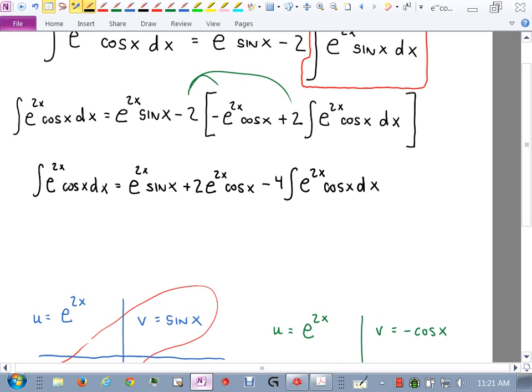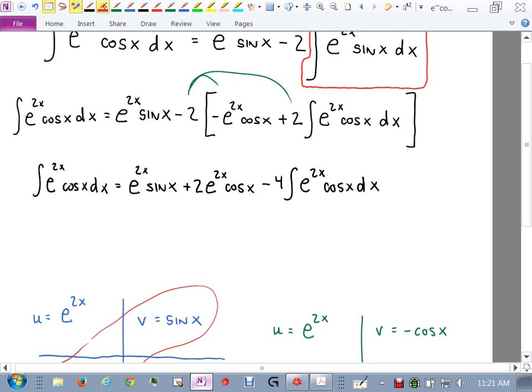That's just distributing the negative 2 through. Now check this out. I've carried this equation the whole time for a reason, because I want you to see that we have an equation here, right? The left side's equal to the right side. The integral on the left side appears on the right side also, doesn't it?